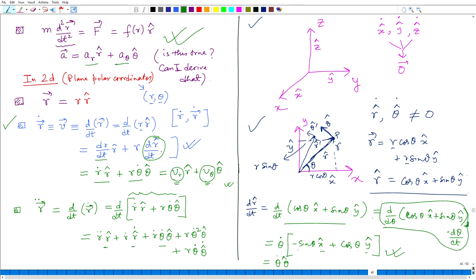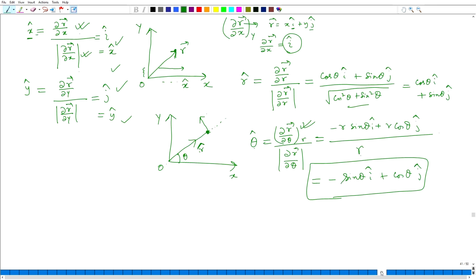This you also know, r cap dot will be along theta cap, but you still do not know what theta cap dot is. So, theta cap is nothing but minus sin theta i cap plus cos theta j cap, and theta cap dot is d theta cap by d theta times d theta by dt.